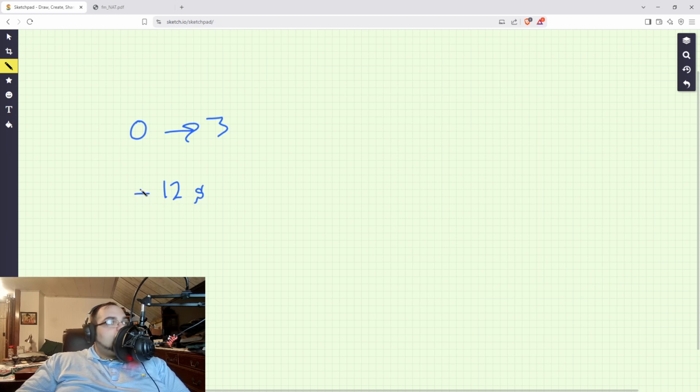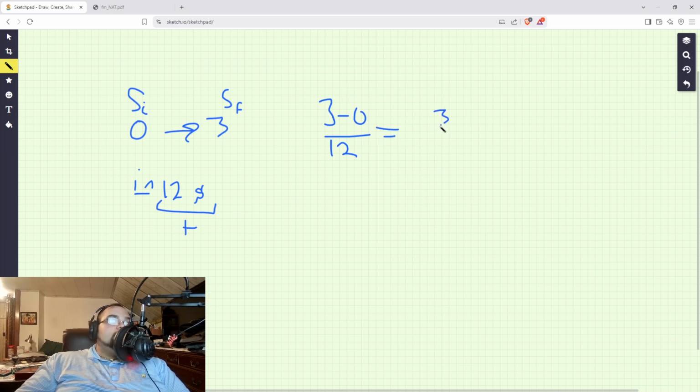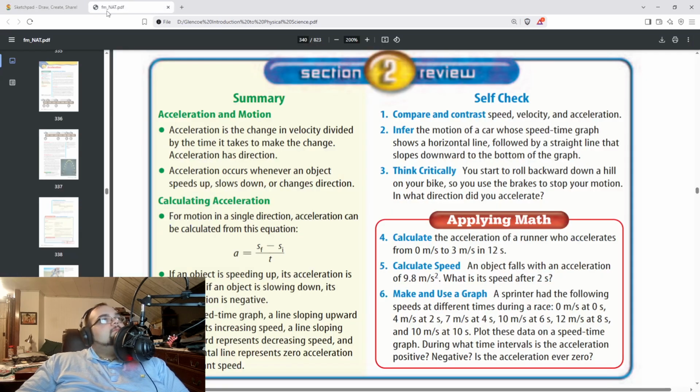If you remember our formula, it's the final speed, SF, minus our starting speed, SI. So 3 minus 0 over our time, 12. 3 minus 0 is going to give us a 3 over 12. And once I put this into my calculator, I get 0.25 meters per second squared. Okay?